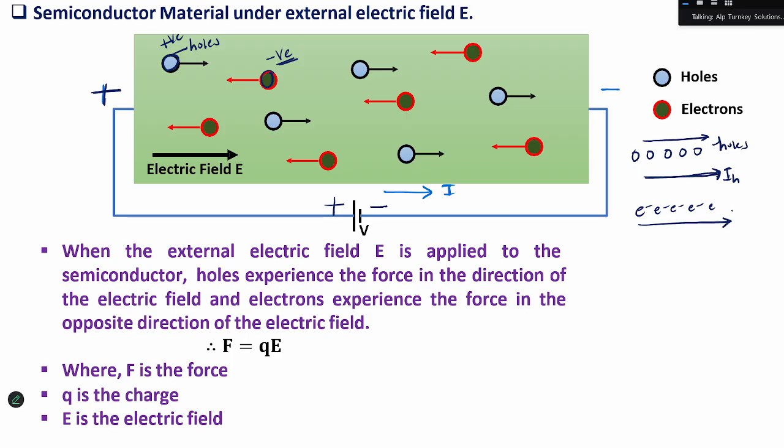The electron current is opposite to the direction of the electron movement. This is what we call conventional current. You need to understand these currents very well.